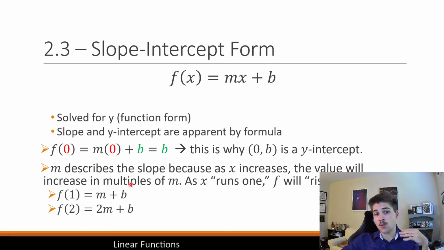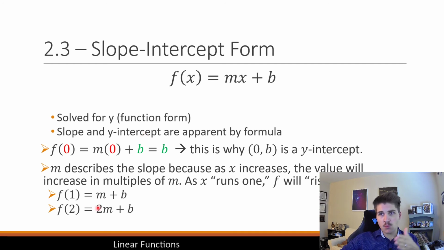So basically, as I move to the right 1, I'm going to rise m. We often refer to the slope as the rise over run, because as I run 1, I rise by m, which is the slope. And if it's a fraction, it's the same idea, but you can just break it down into 2 parts. The top of the fraction is how much you've risen, and the bottom is how much you've run. And we'll review slope in a video soon.